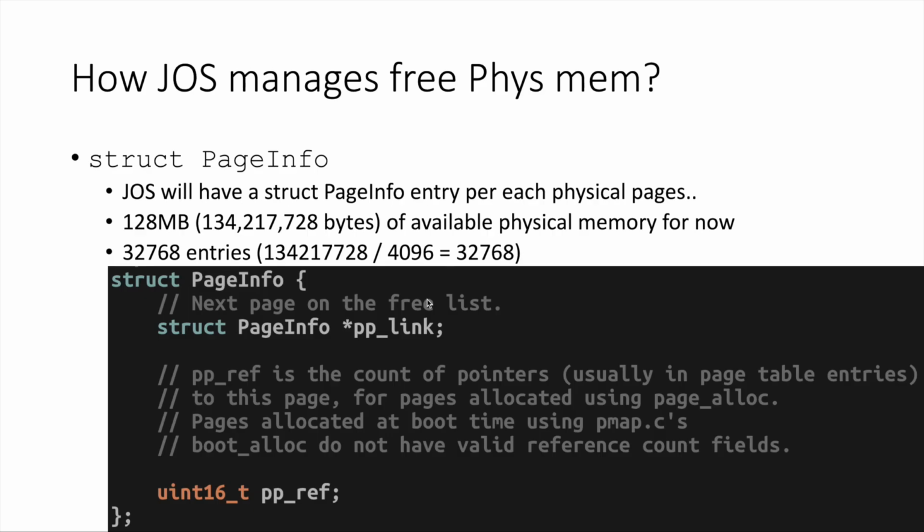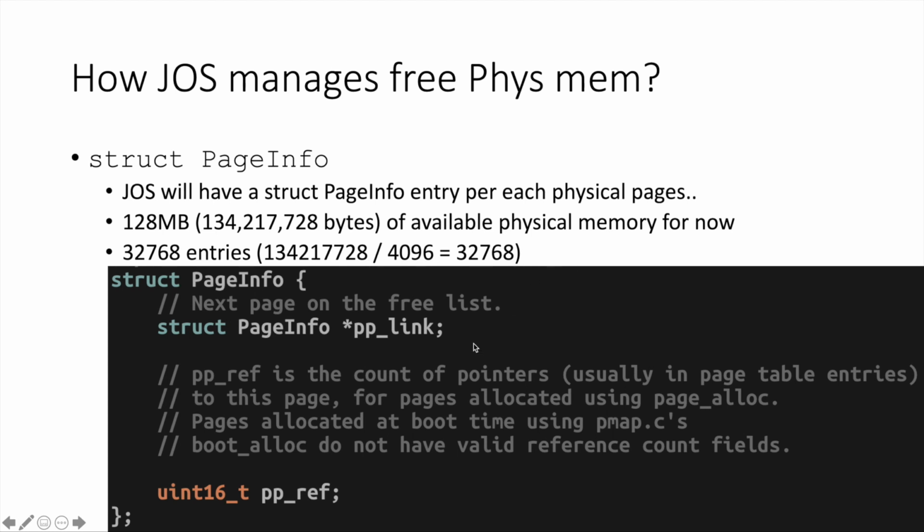And then, next, how JOS manages free physical memory. You can regard struct page info as representing the status of a physical memory page. So that's why we need to create one object of struct page info per each physical memory page. Because right now our JOS uses 128 megabytes of memory, we need to allocate 32,768 entries of struct page info.